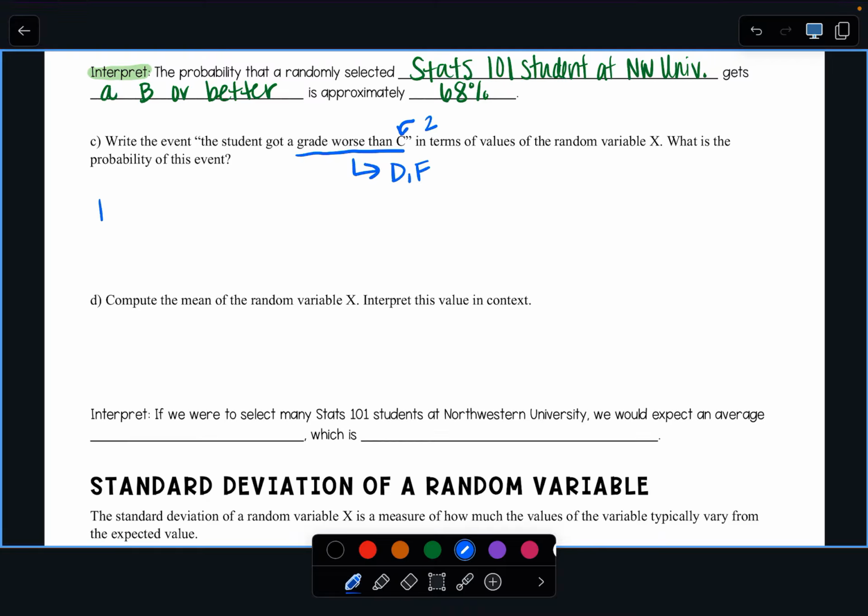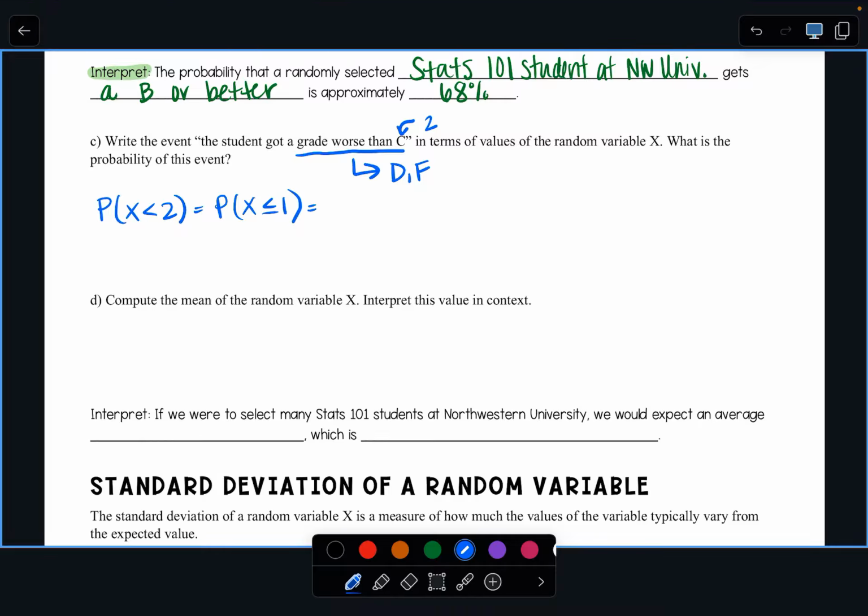So I can say that by doing the probability X is less than 2. I can also say that by doing the probability that X is less than or equal to 1. And both of those statements mean the exact same thing. They mean I'm going to look at the probability of 1 and I'm going to look at the probability of 0. I don't care which one you write.